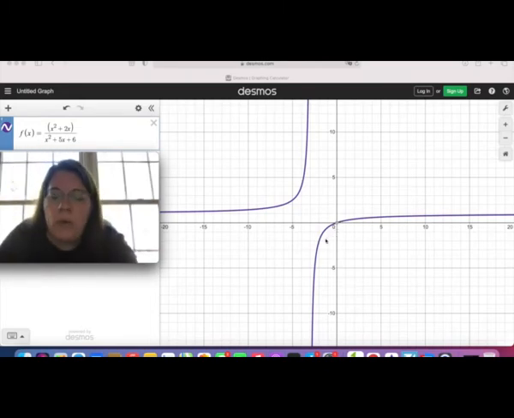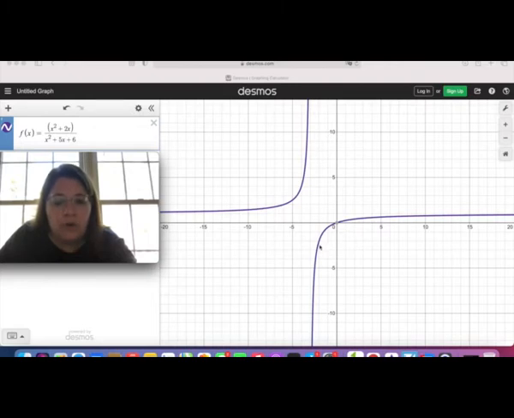Notice that we determined that there was a hole at x equals -2. It's not an asymptote, but a hole. And notice here at x equals -2, Desmos does not put that hole in there. So we have to physically put the hole into the graph where it belongs.